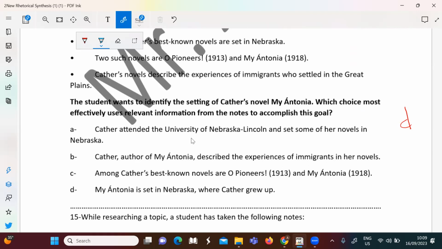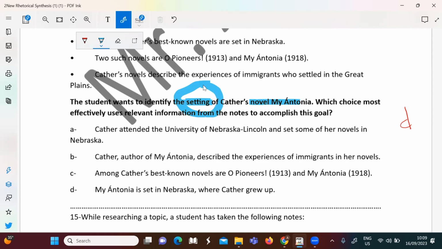Where are the keywords in the prompt of the question? Identify the setting. Yes, specifically the setting of the novel, Catherine's novel by Antonia.